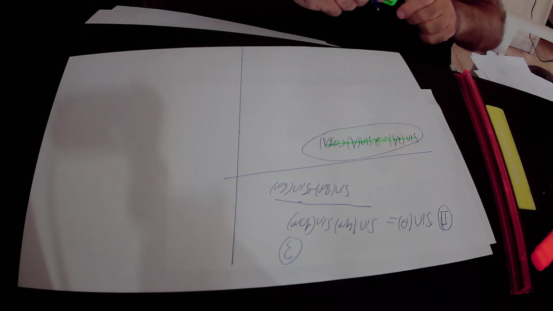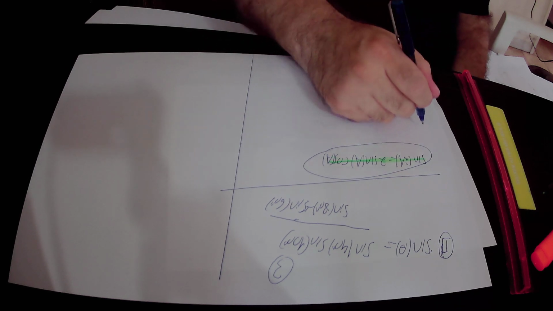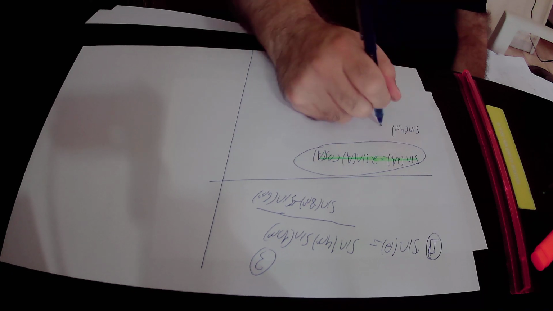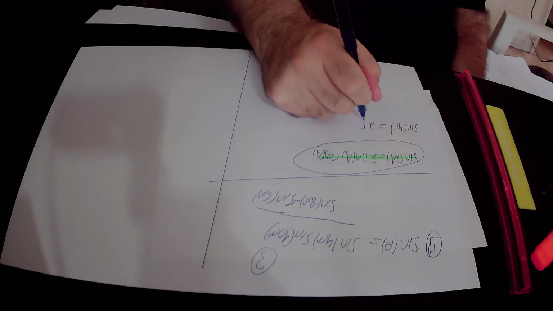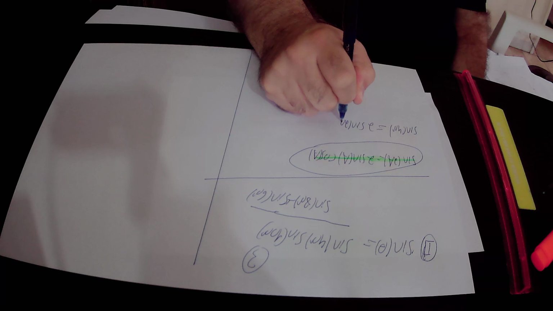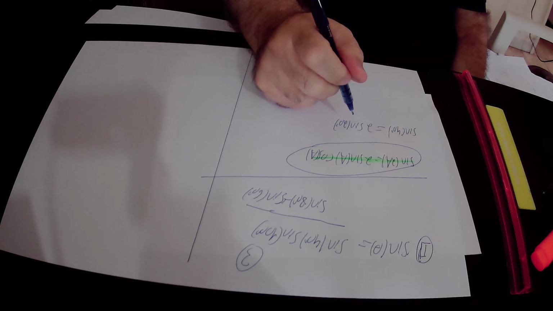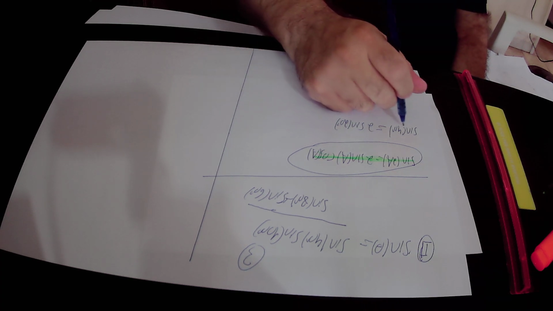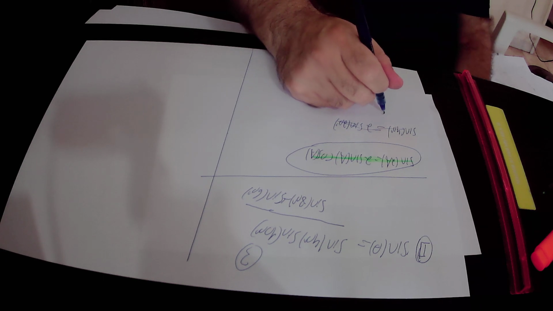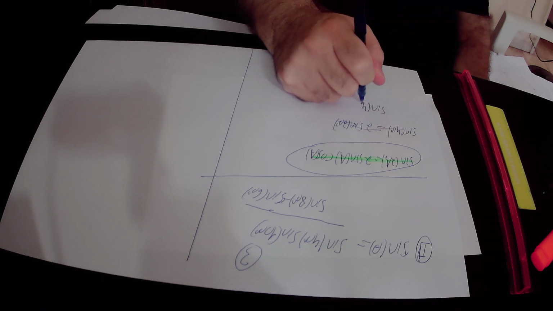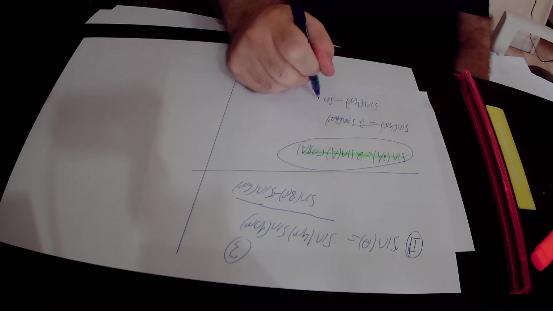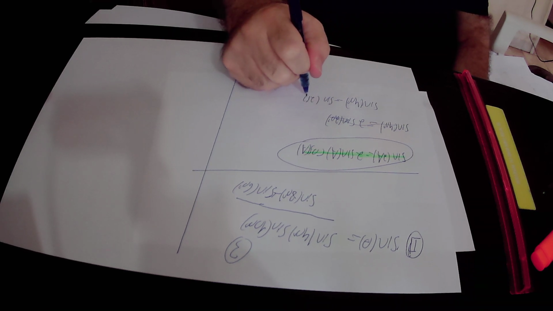Here sine 40 degrees equals sine of 2 times 20 degrees.